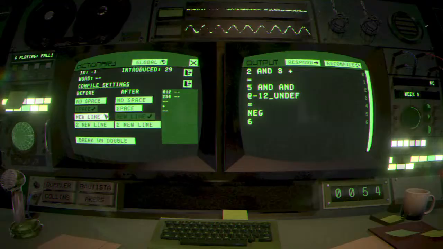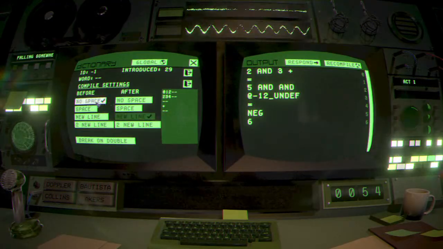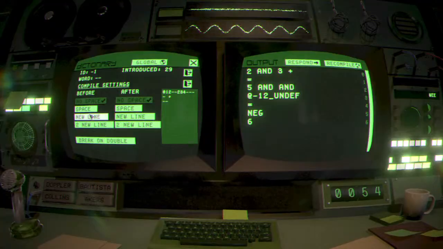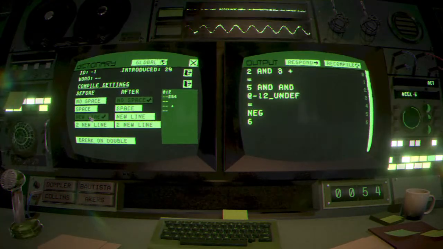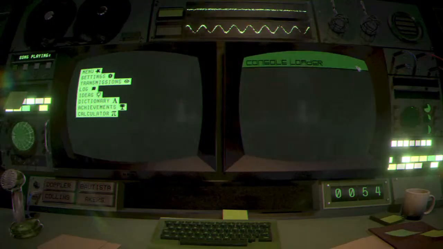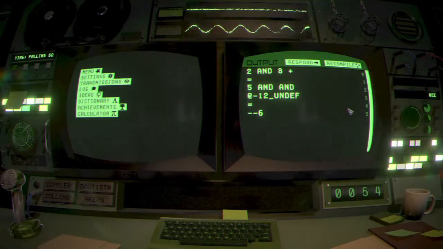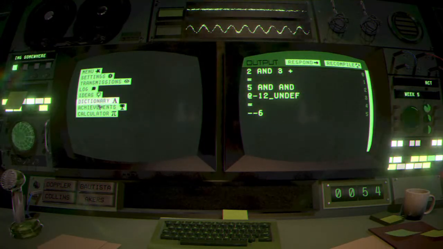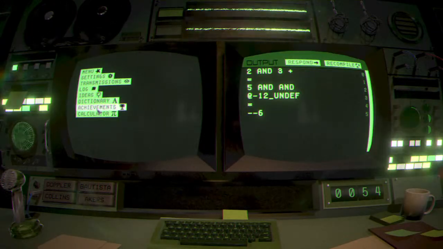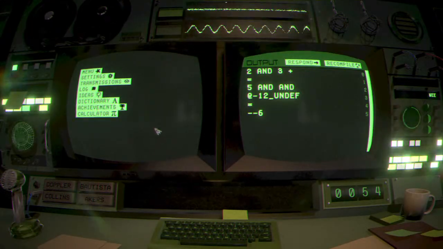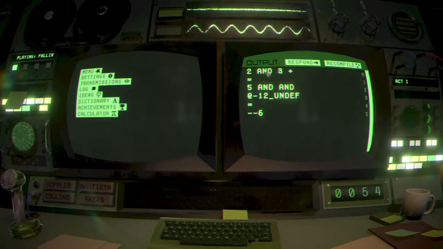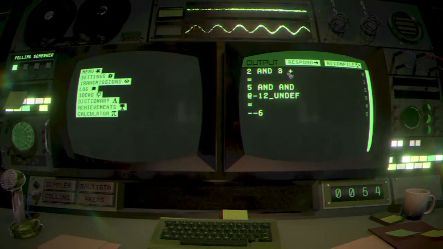I'll figure out what to do. But I want there to be no space after, new line before. Let's see. Two and 3 added together is equal to 5.